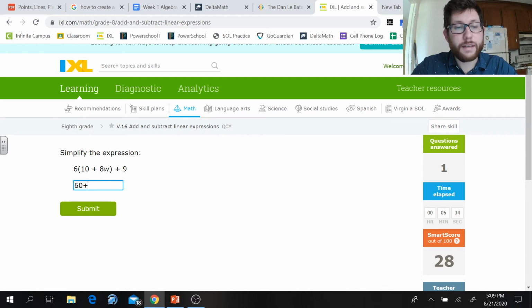Well, 6 times 8 is 48w, plus 9. If I put my answer in like this, I would get the answer incorrect because I haven't simplified it the whole way. I've taken it one good step, but this one needs 2. Notice I've got 60 plus 9. I can combine those, right? I can make that 69 plus 48w.